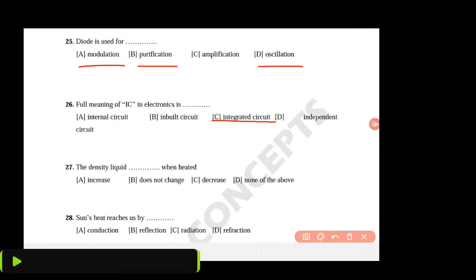Remember, when you heat a liquid, the molecules of the liquid tend to expand, and when they expand, it means their volume is increasing gradually, and whatever makes volume increase will make the density reduce. From the formula, density equals mass over volume, we can see that density and volume have an inverse relationship. So when volume is increasing, density is reducing.